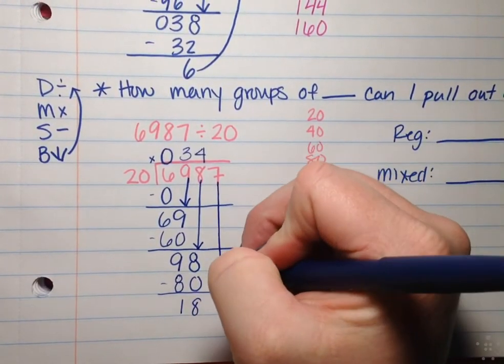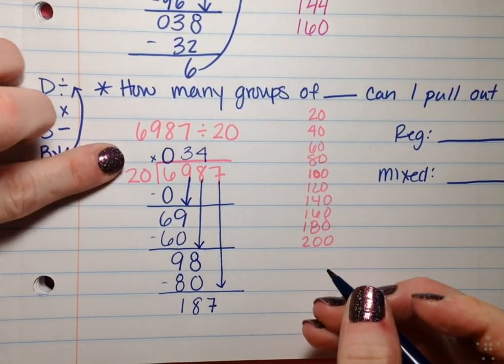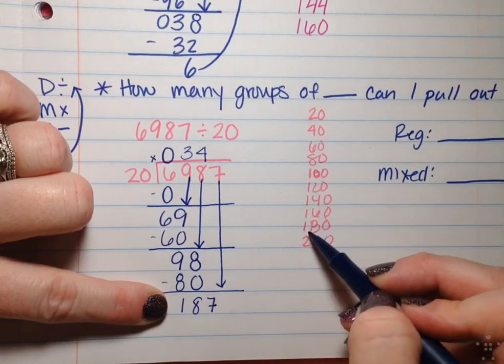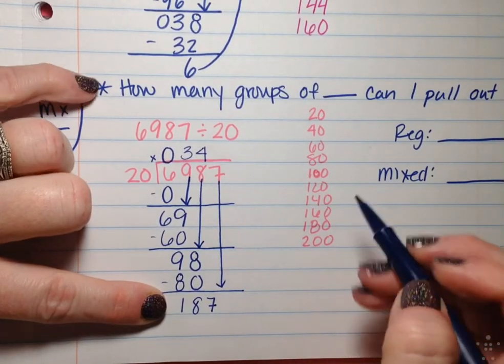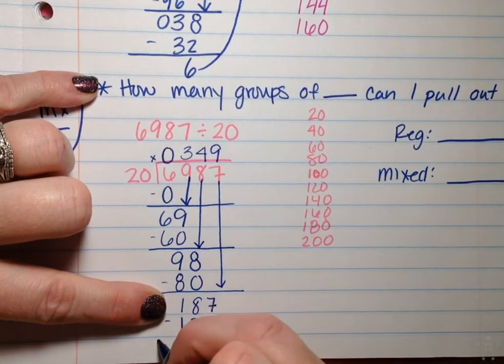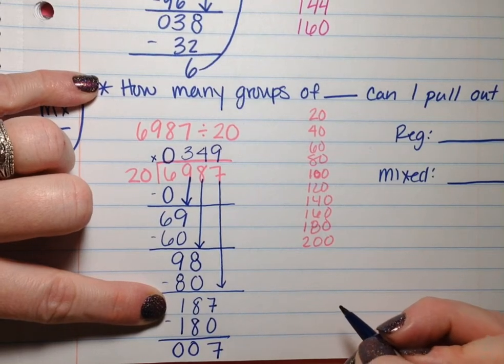Bring down the 7. How many groups of 20 can I pull out of 187? 180. 200 is too much, so I'm going to jump back. That's 9. 180. Subtract. I get 7.